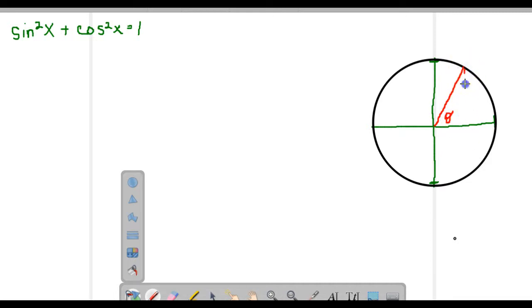And just going to drop down. So I'm making a triangle. So now we know that the length of this side, since this is the unit circle, is 1, meaning the radius of this circle is 1 all the way around. This is 1 as well.